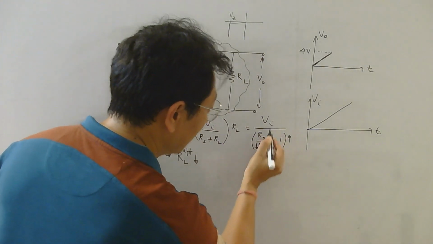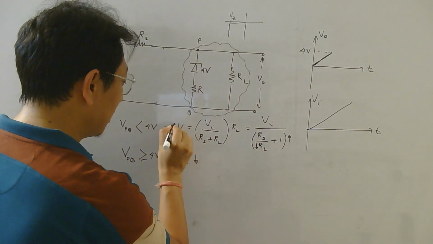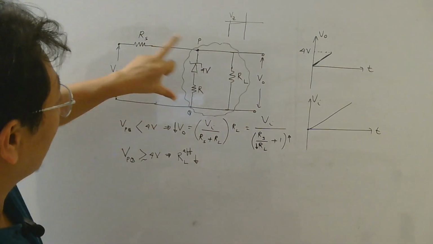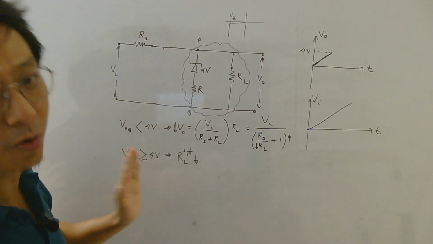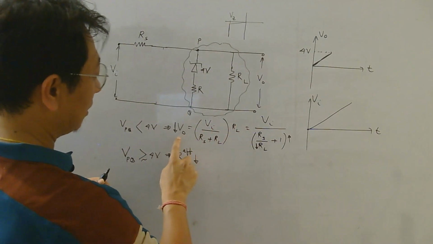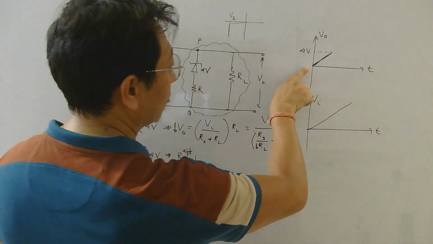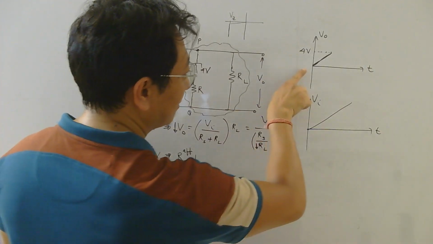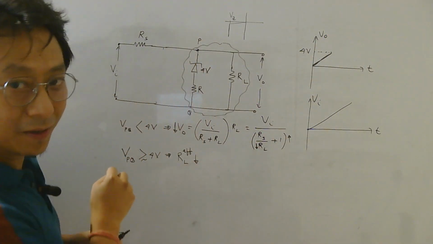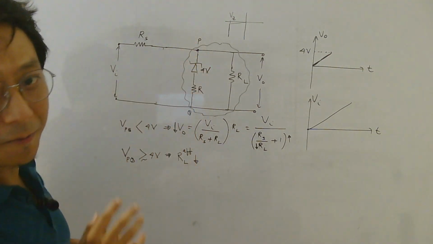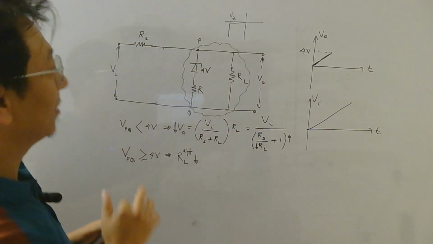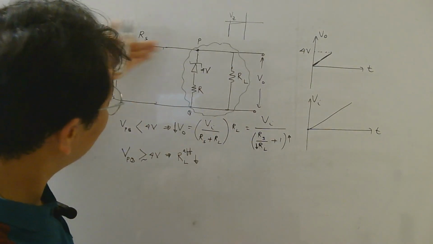And when this whole thing increases, your output voltage will decrease when your voltage across P and Q just crosses 4 volt. So if it did not cross 4 volt, your output will increase with input according to this equation. But once this starts conducting, some current will flow here and the overall load resistance has decreased. So the current here will increase, isn't it?